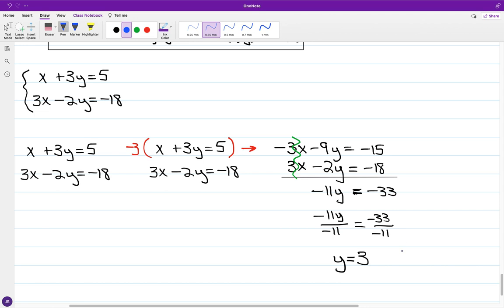I already have x present, but I could do it with the other. So plug in 3 for y and solve for x. We'll go with x plus 3y is equal to 5.